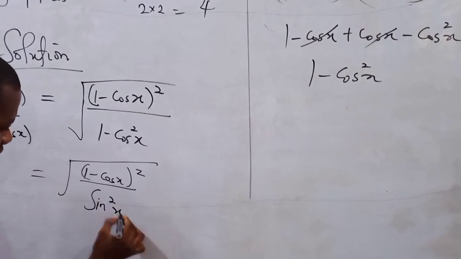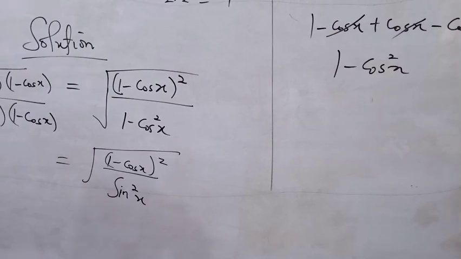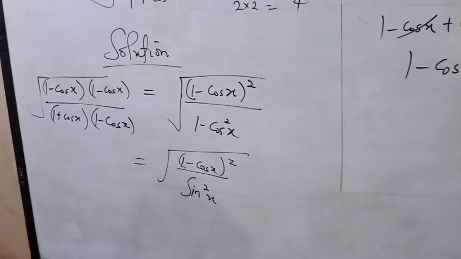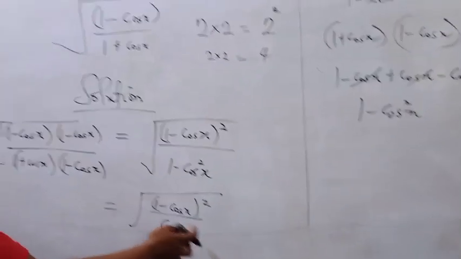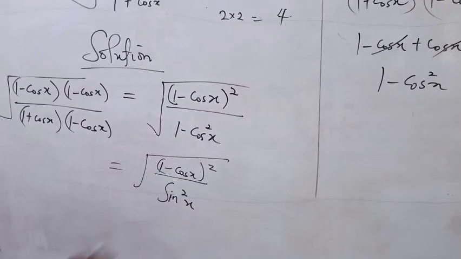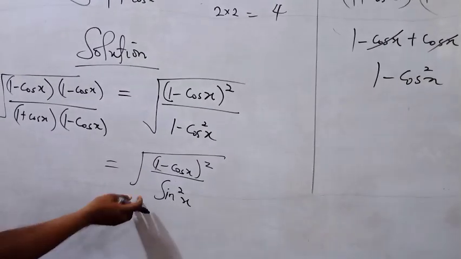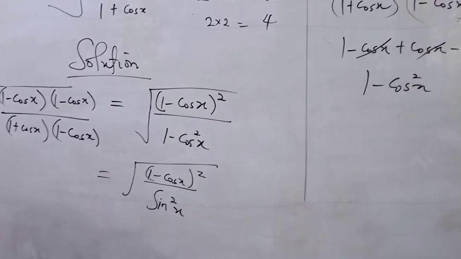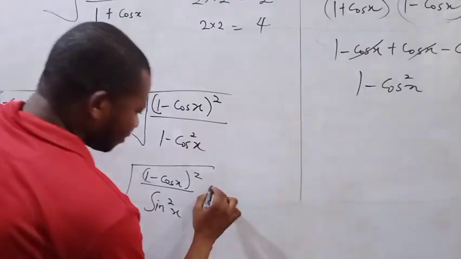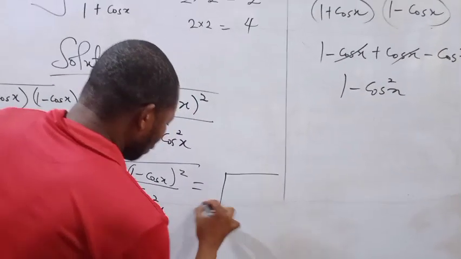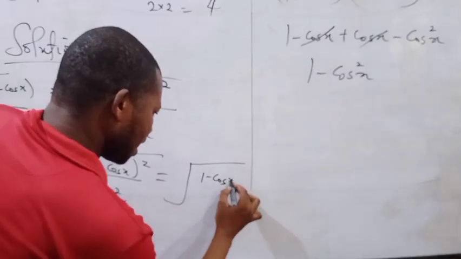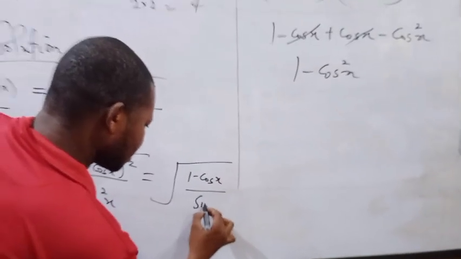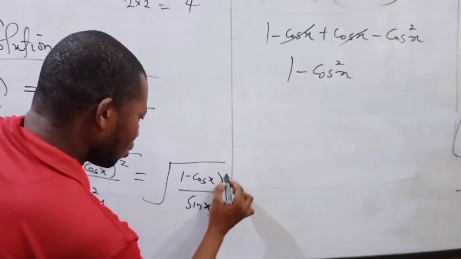The square root has an effect on the whole square, so this is as good as saying the square root of 1 minus cos x all over sine x, all squared.